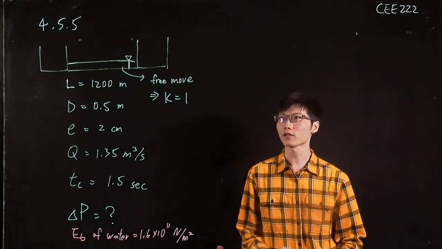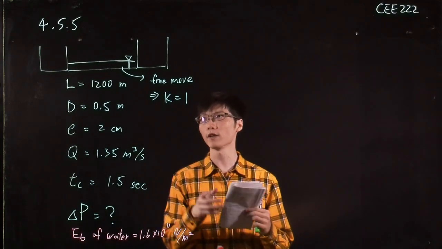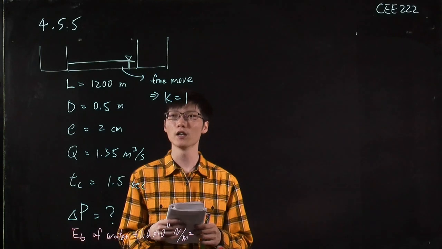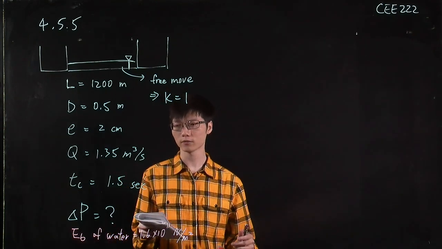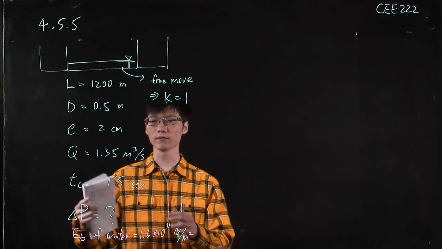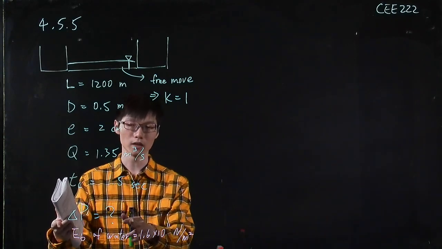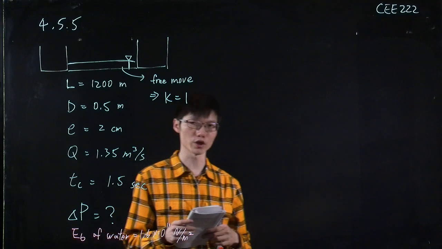Okay, now let's look at the problem 4.5.5. Similarly, it's a pressure hammer question, but now the problem gave the gate's closure time and wants to determine the maximum pressure change.